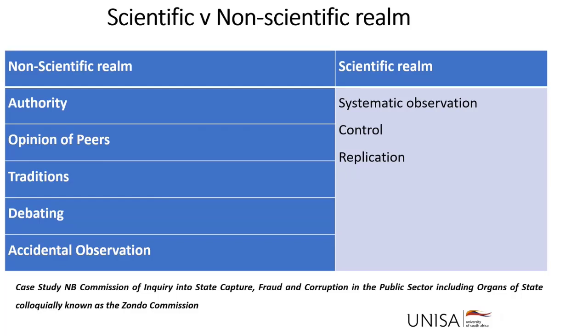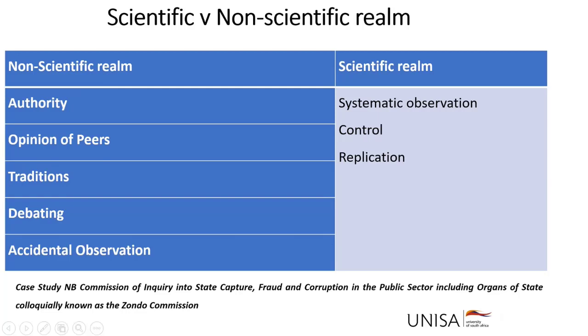Those were the factors within the non-scientific realm. In the scientific realm, which is where you are at the moment, we are looking at systematic observation, control, and replication. So when we say scientific, we really mean that the observation is systematic, there is control, and there is also replication.